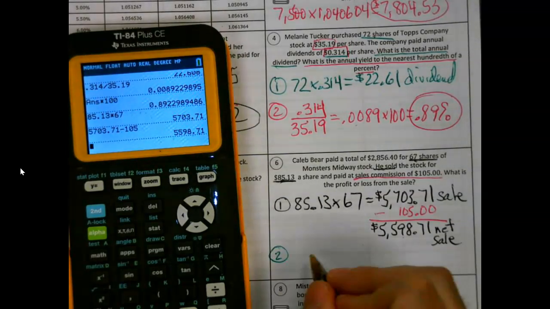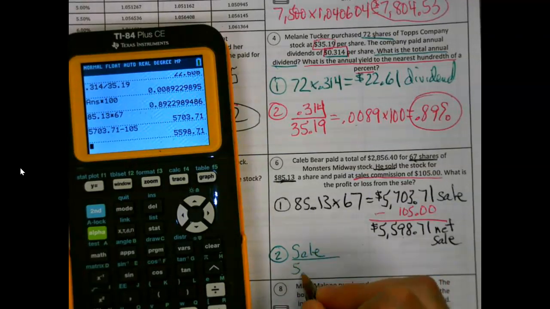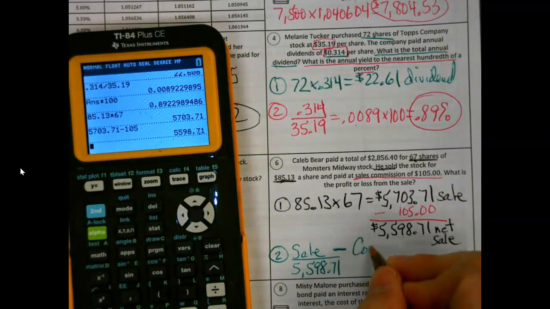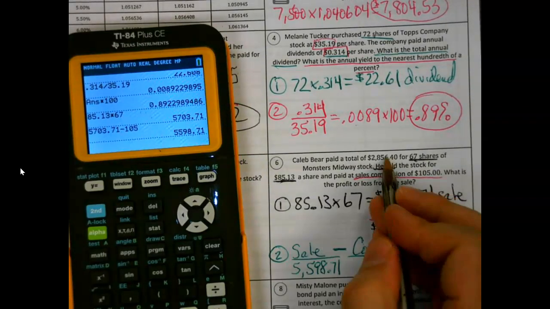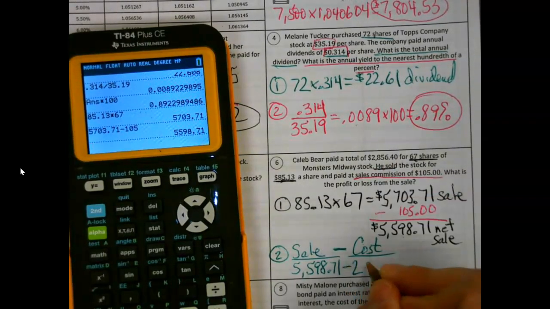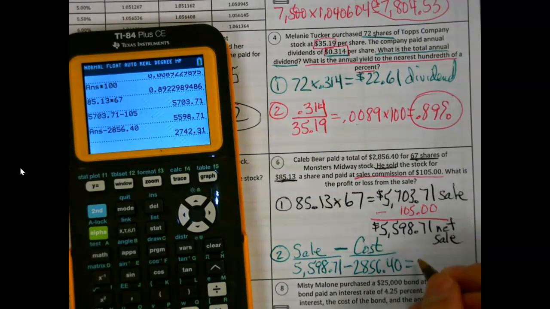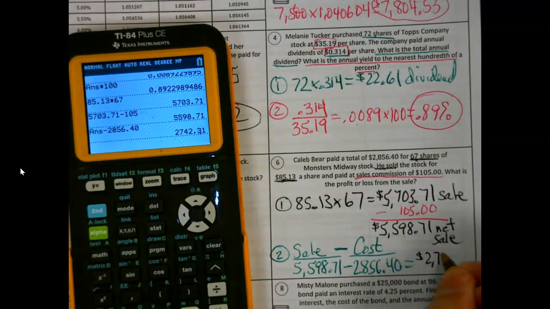So now I can take what I sold it for and subtract my initial cost. So still looking good for us to finish ahead here, though.